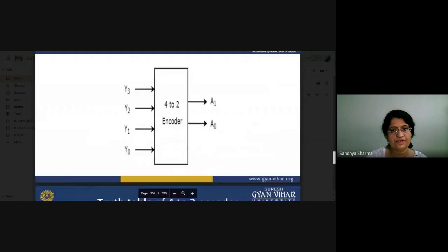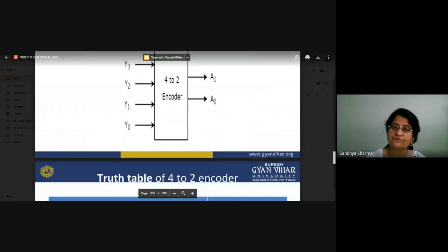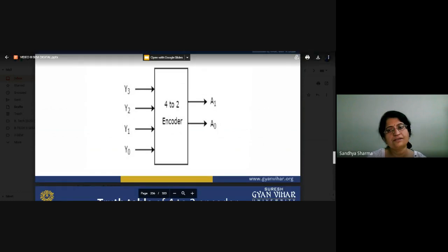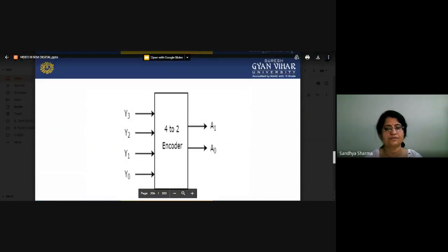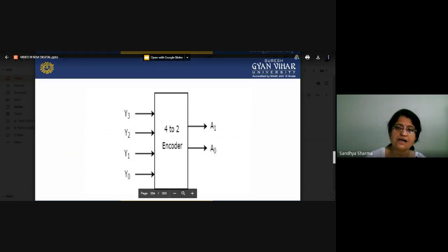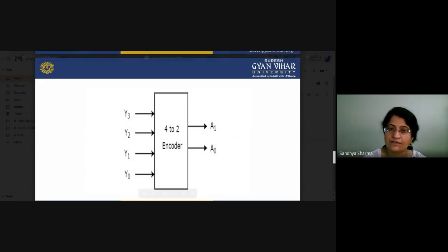So that is basically y0, y1, y2, y3. These are the 4 input signals, and whatever inputs you provide on those input lines, that code will be reflected at the output in terms of bits. a0, a1 are the output lines, and y0 to y3 are the input lines, and at a time one input will be connected to that particular output.